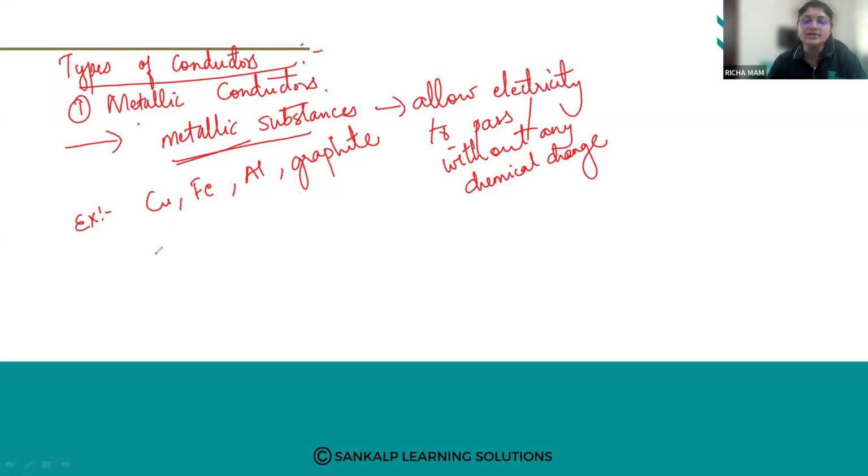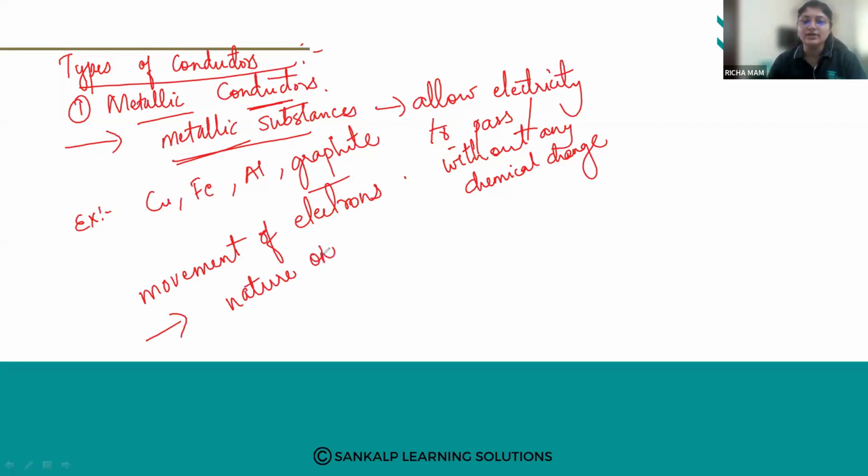Okay. So in metallic conductors, the conduction is due to the movement of electrons. Here it depends upon the nature and structure of the metal, and the number of valence electrons, valence meaning outermost electrons per atom.